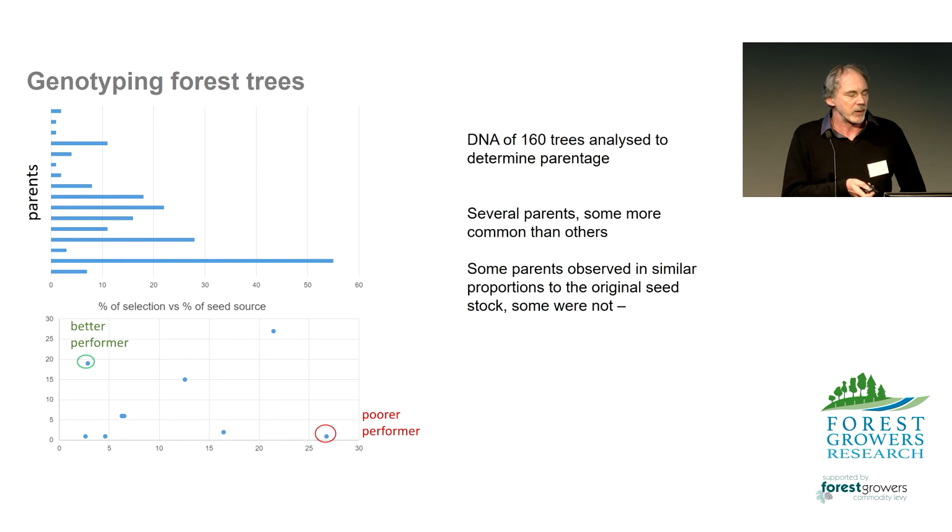If we focus on the one circled at the top left, this is a parent that's appearing much more frequently in our sample of high-performing trees than we would expect relative to its occurrence in the original seed lot. In other words, this is a parent whose progeny are performing remarkably well in that stand. So this was a very useful demonstration of the technique.